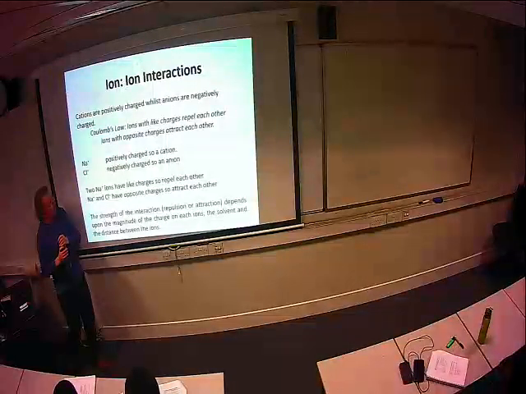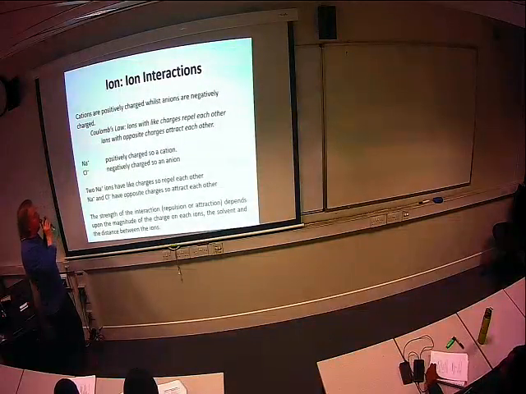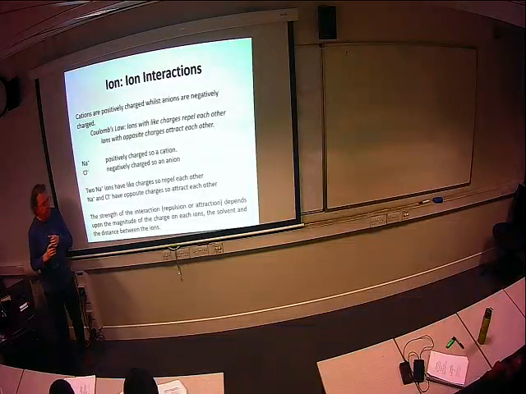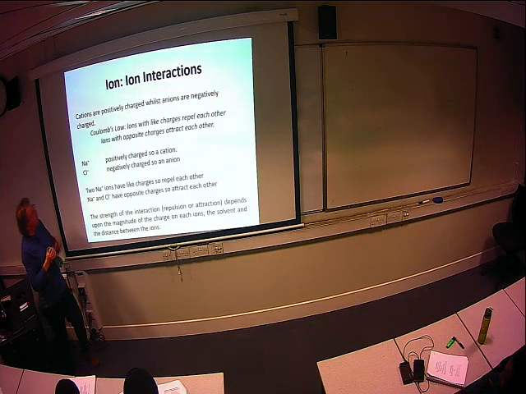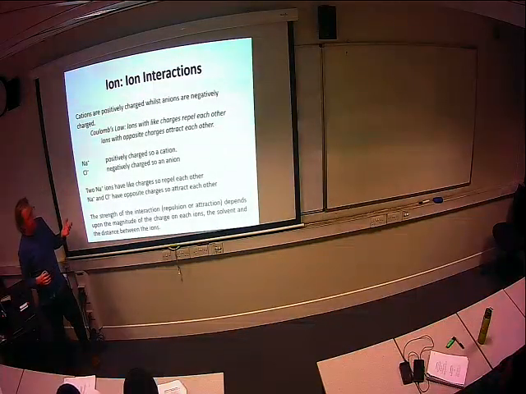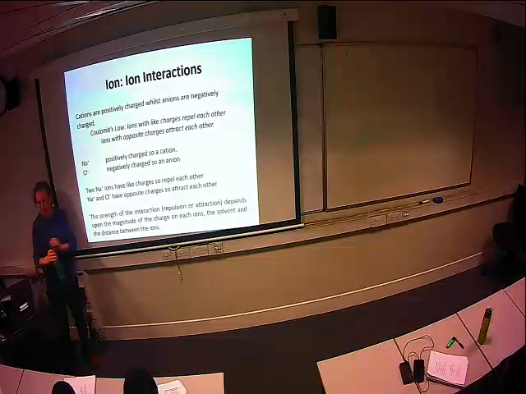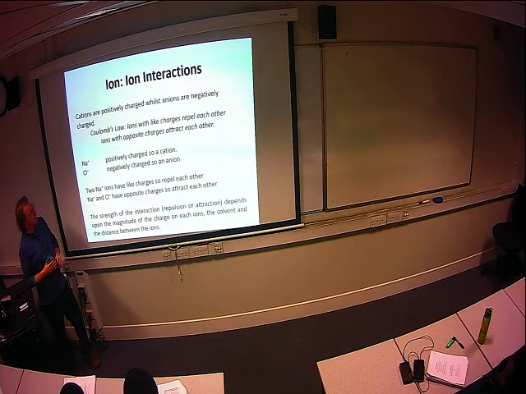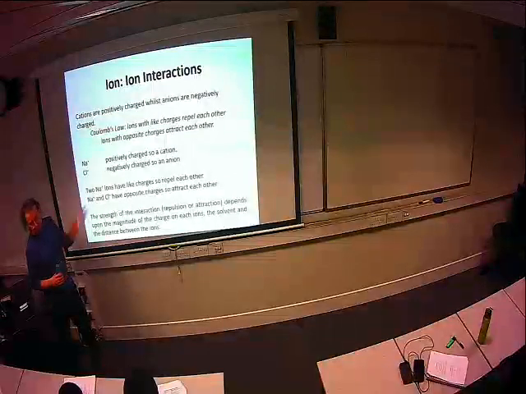Okay, so first of all, interactions between ions. Just a quick reminder, ionic bonding involves cations, which are positively charged, and anions, which are negatively charged, and going back to basic physical chemistry, the interaction of ions is described by Coulomb's law, which I'll quantify on the next slide.